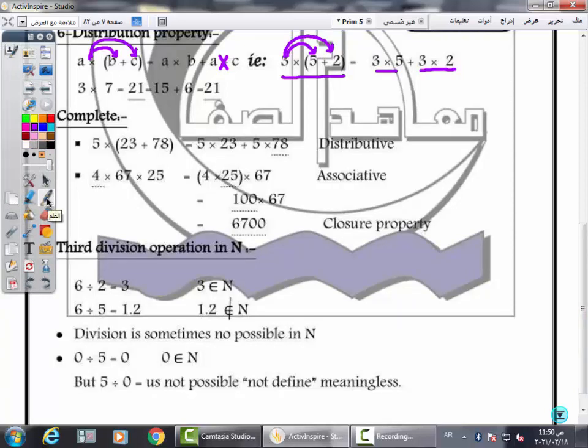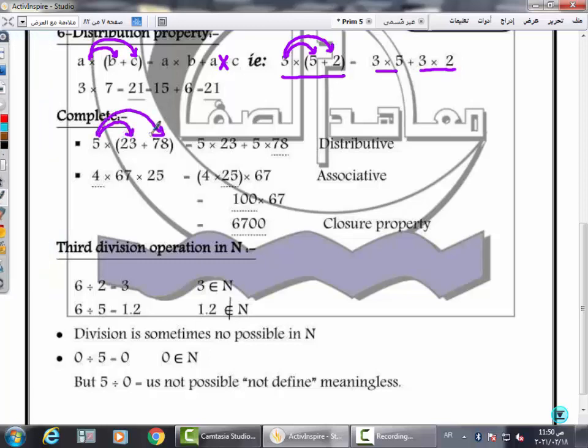We have two operations, so we will distribute. This is called distribution property. We will distribute 5 on the addition and find the result: 5 times 23 plus 5 times 78. This is called distributive property. We can write the name of the property beside the problem.